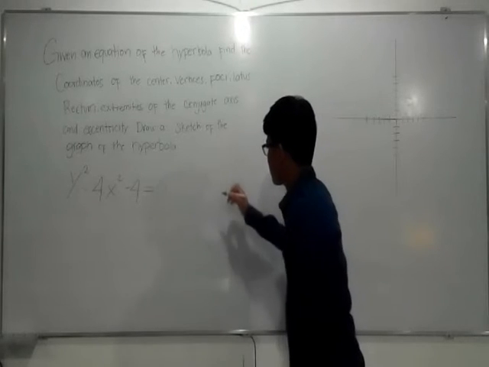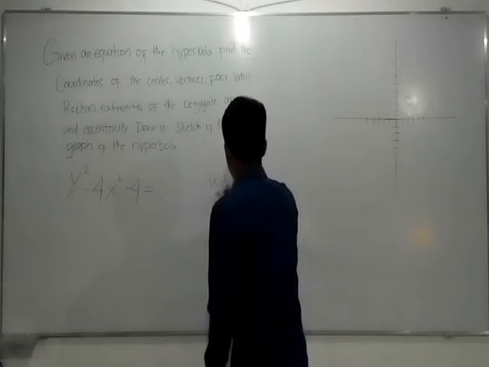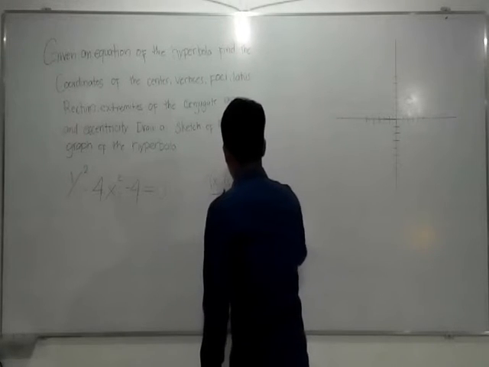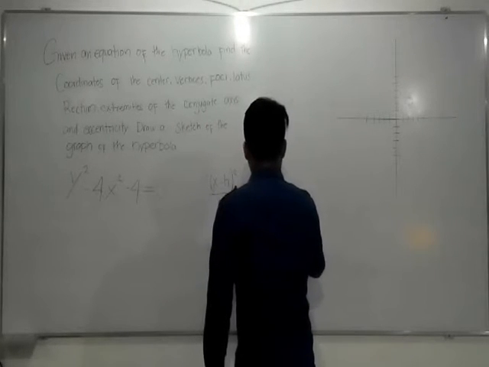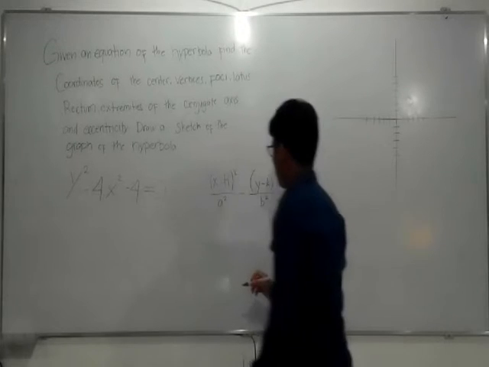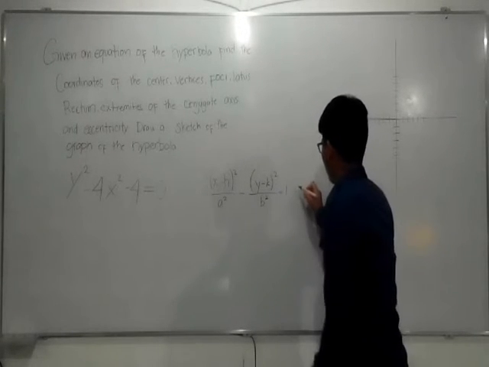Okay, so here's the standard form. (x minus h) squared over a squared minus (y minus k) squared over b squared is equal to 1. So this is for the horizontal hyperbola.